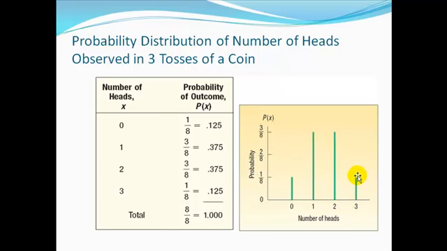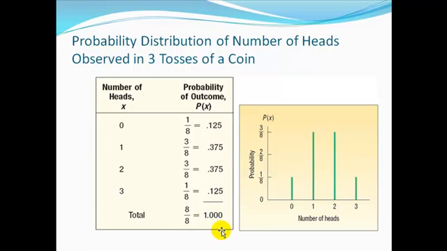And for 3 heads face up, out of the three tosses of the coin, the result is 1/8. We call this a probability distribution. And pay attention here: if we add up all the probabilities of all the outcomes, we get 1. Okay, we add it up, we get the result of 1.